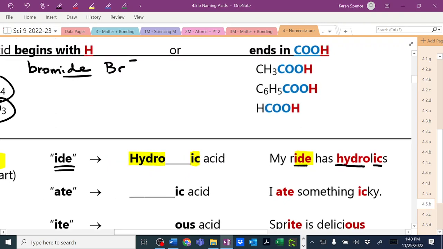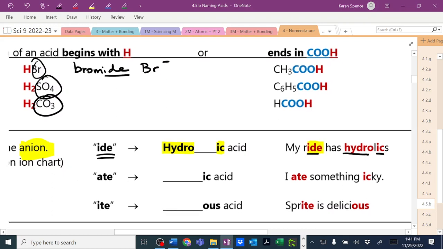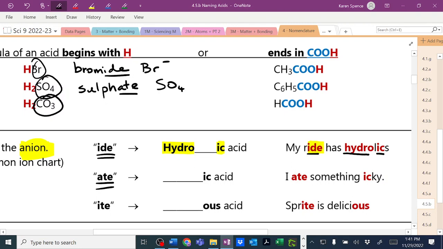Some of them work a little better than others, because if we have an ate ion, like sulfate, SO4 minus, then we don't write the hydro, we just write the ic. Okay, and that one's nice to remember because you can think, I ate something icky. Ate ic. There's no hydro in there.